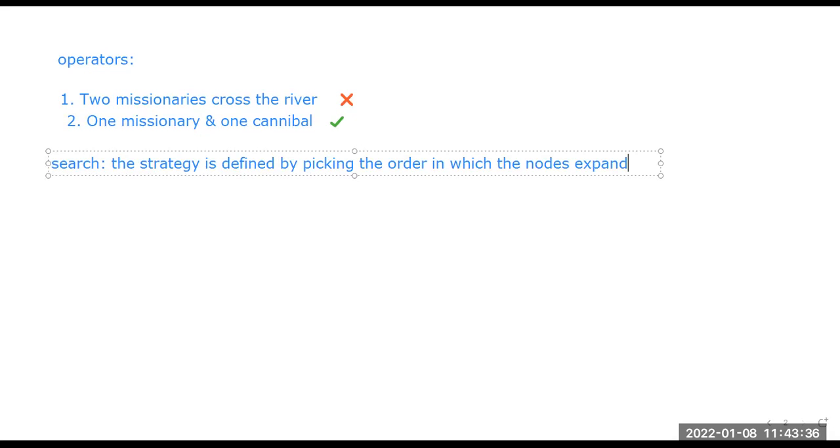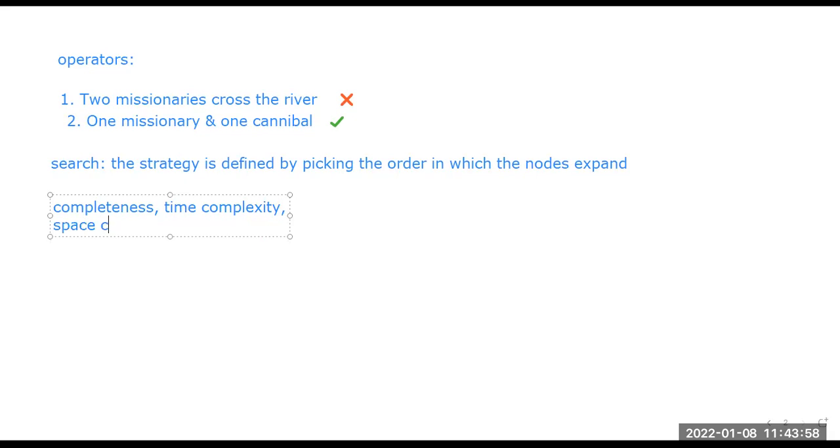These search strategies are evaluated along with the following dimensions. What are the dimensions? Completeness, time complexity, then space complexity. These are the terms that are needed in this particular part, right?